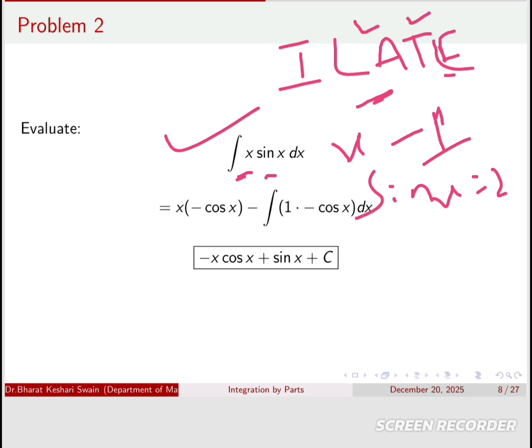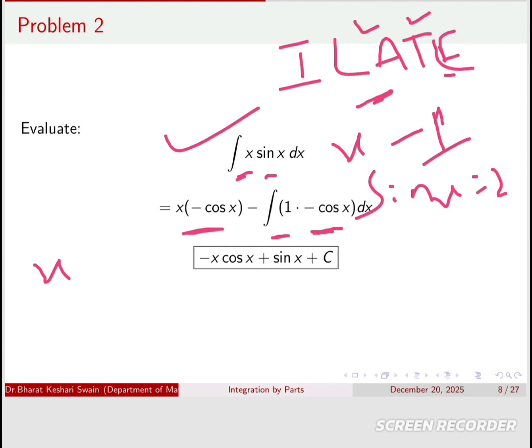So then according to the rule, integrate. First into integration of second, so x into integration of sin x, which means minus cos x, then minus derivative of first, so derivative of x means 1, then integration of second, that is minus cos x, then whole integration.